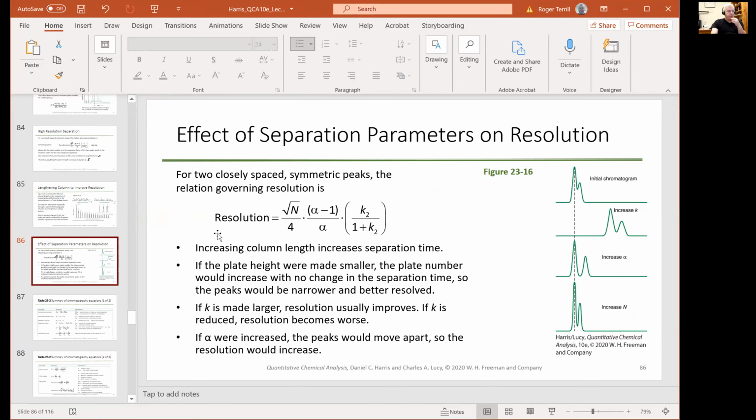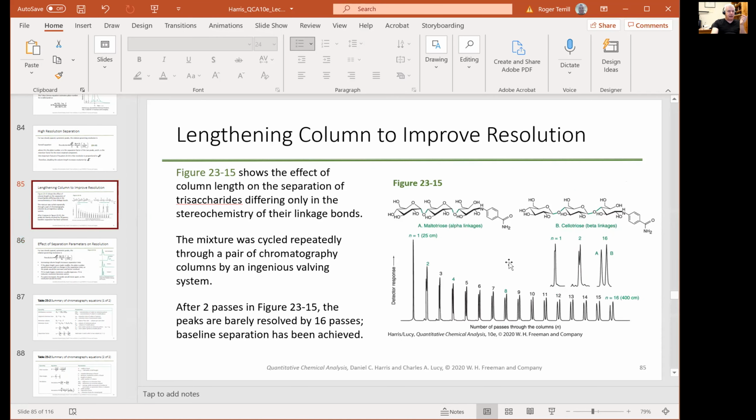So now, the things that affect resolution are basically K and alpha. If you have poorly separated peaks, you can increase the value of K. This is what was done up here: they simply continued cycling them through the same column.